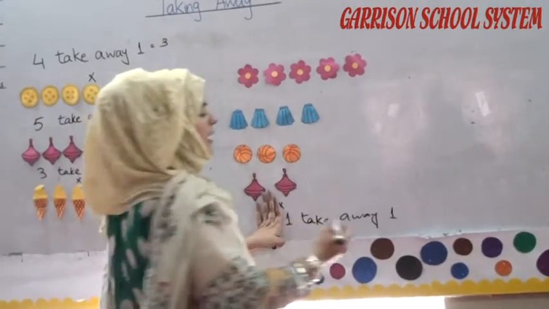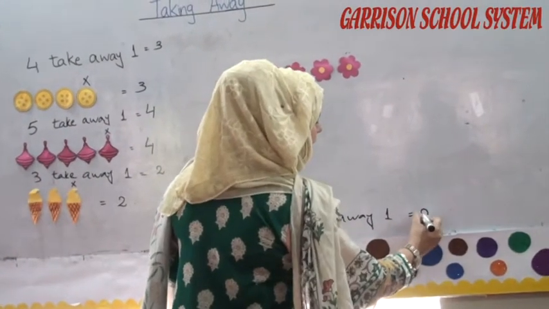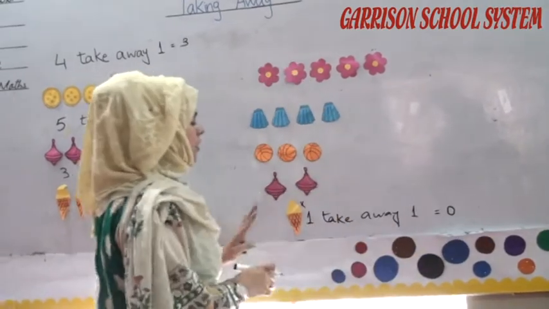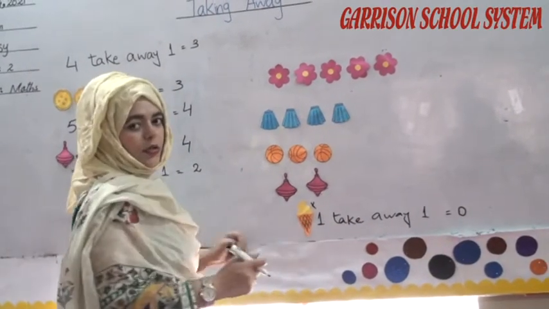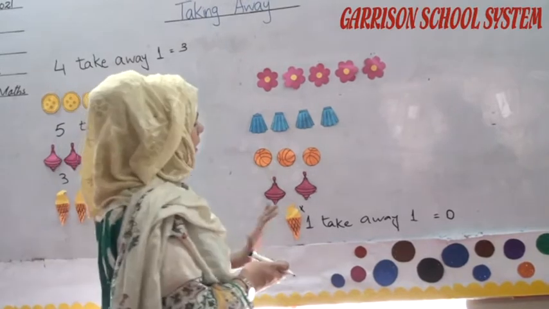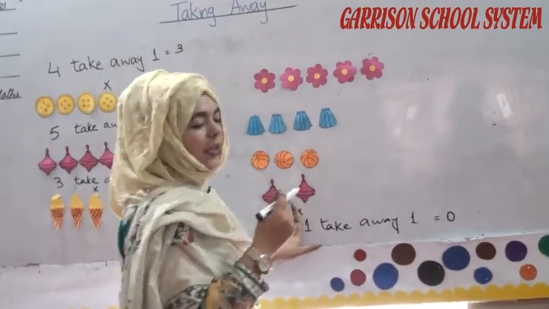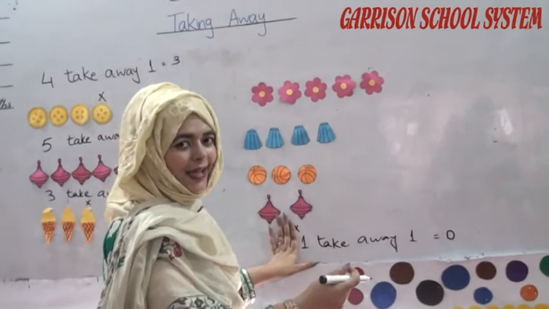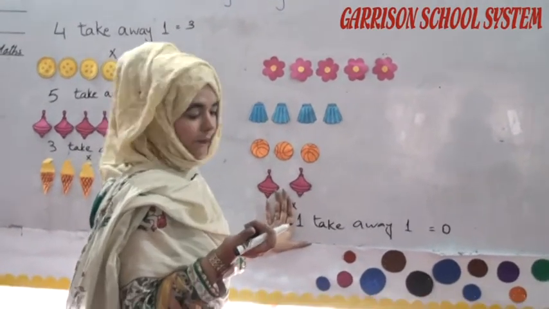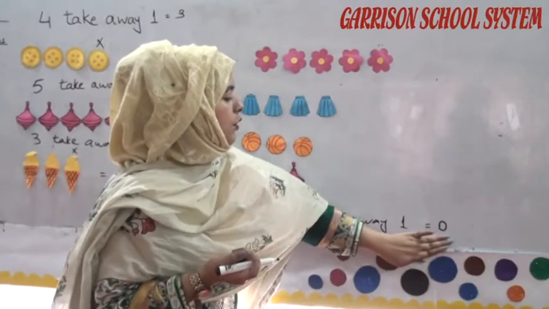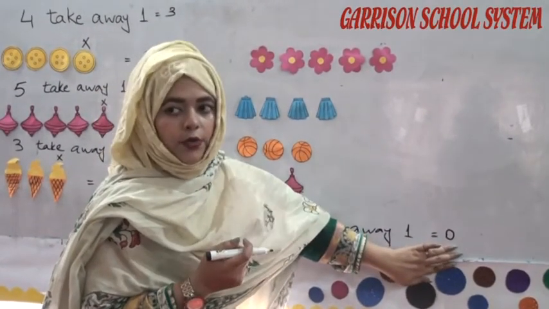We will be having 0, right? It's one cornetto, and if we take away 1 and give our cornetto to somebody else, how much will we have then? We will be having 0. We will be left with no cornetto, right?